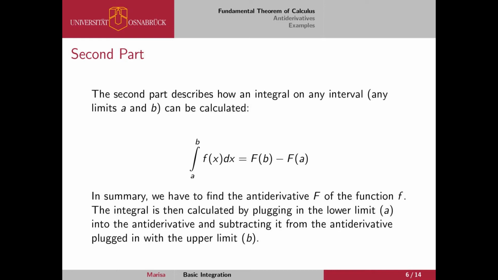All we need to do is find the antiderivative of a function we want to integrate, and then we need to plug in the limits a and b. The total integral is then calculated by subtracting the antiderivative plugged in with a from the antiderivative plugged in with b. Seems like a nice formula, so let us take a look at this in a visual relation.